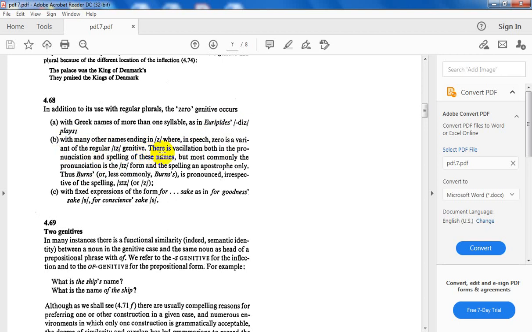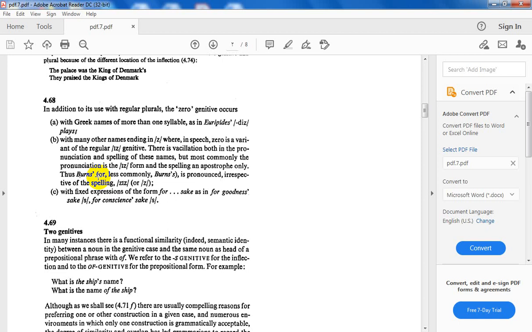There is facilitation both in pronunciation and spelling of these names, but most commonly the pronunciation is the regular form, and the spelling an apostrophe only. Thus Burns' or Burns's, it ends with a Z sound. So you can say either this or that.